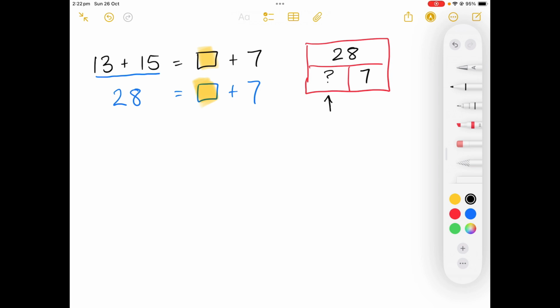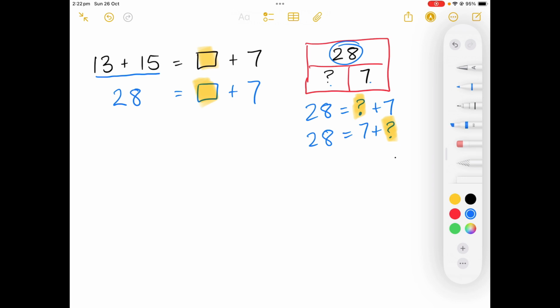Okie dokie. So how might we rewrite this so that we've got the unknown on its own? We could, like we normally do, go 28 equals something plus 7, or 28 equals 7 plus something. But it's not helping us too much because we still have the unknown with another number.